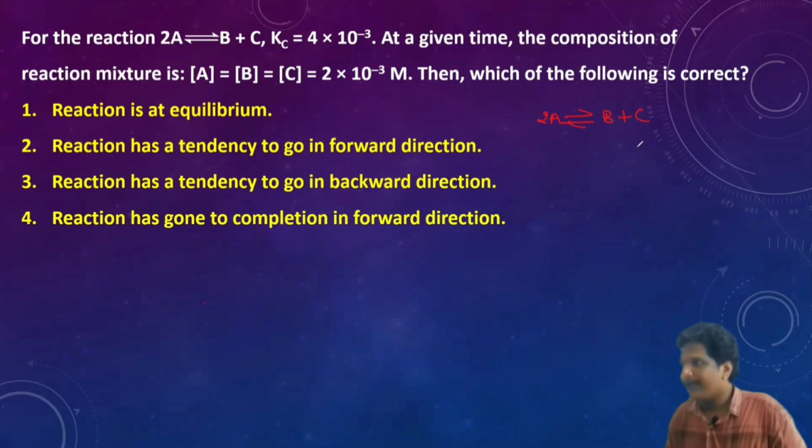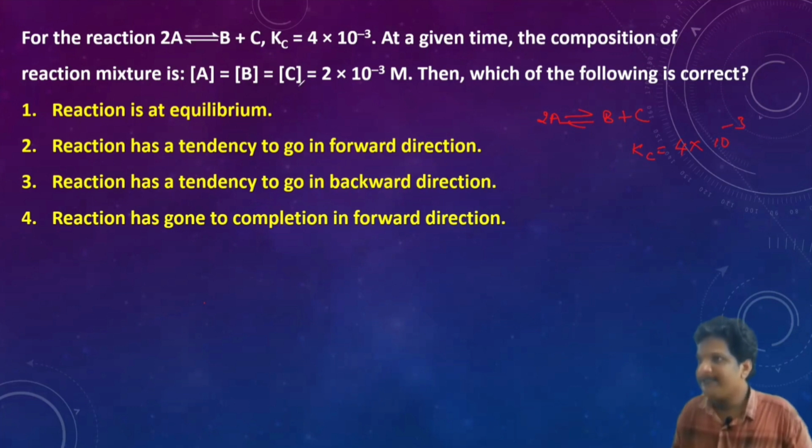So Kc, which is nothing but the equilibrium constant, is given by 4 into 10 power minus 3. The concentration of A, B, C is given as 2 into 10 power minus 3 moles. So you have to find out whether this reaction will go in the forward direction, the backward direction, or be in equilibrium.